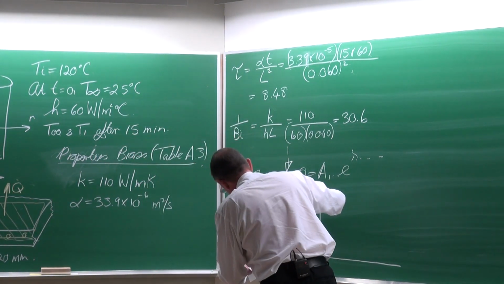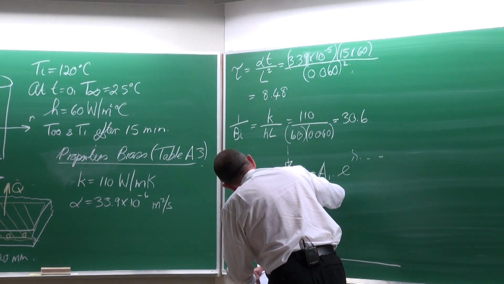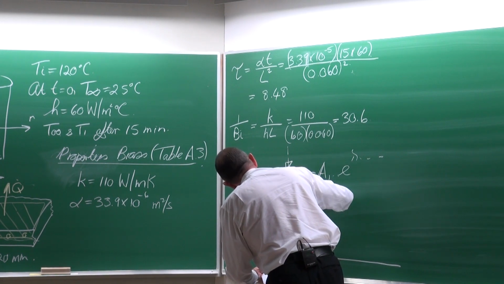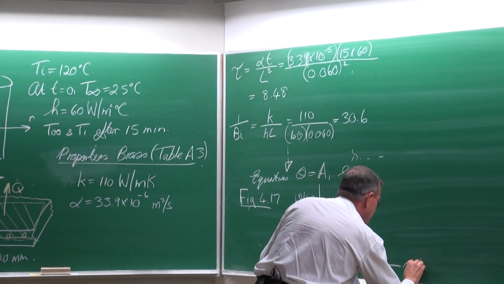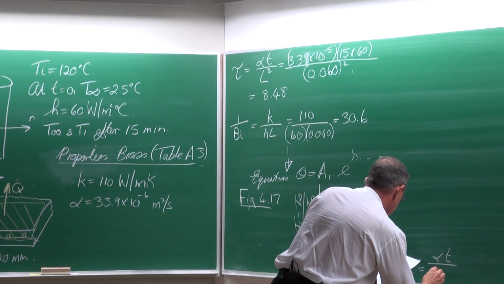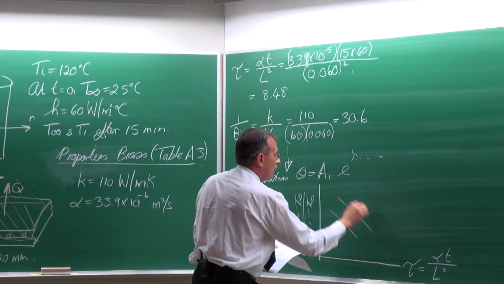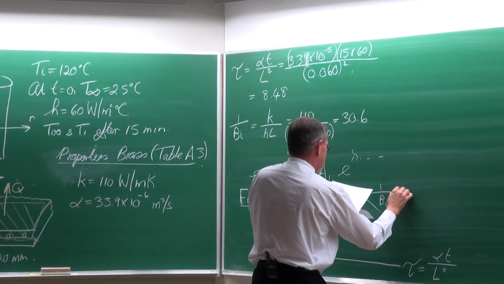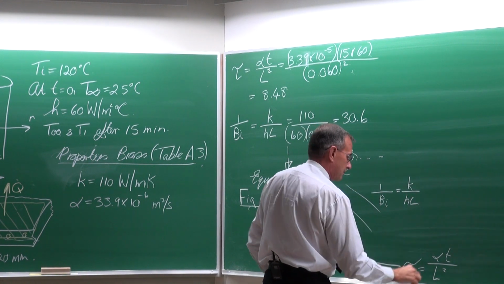The non-dimensionalized temperature on that plane is equal to the temperature at 0 minus T infinite divided by Ti minus T infinite, and on this axis is given the non-dimensionalized time as alpha T divided by L squared, and here lines are given for 1 divided by the Biot number, which is equal to K divided by HL.